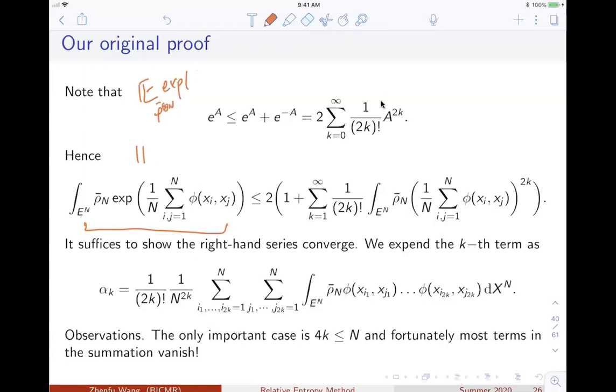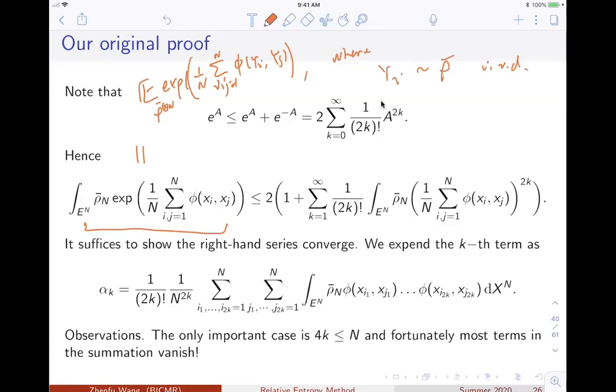We have IID data, and we want to control terms like this, phi(y_i, y_j), where each y_i follows the law rho bar, and those N random variables are IID. We want to show the expectation is uniformly bounded.